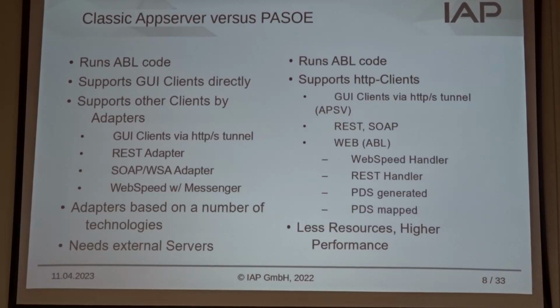And if you move from the classic app server to the Pacific app server, normally you do not have to change your source code, normally, yeah? So this runs like a classic app server.